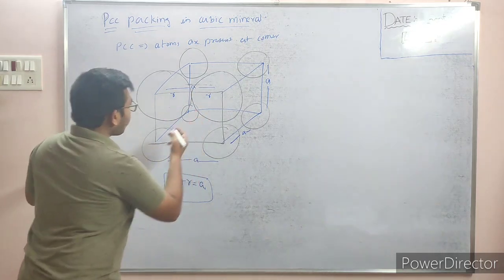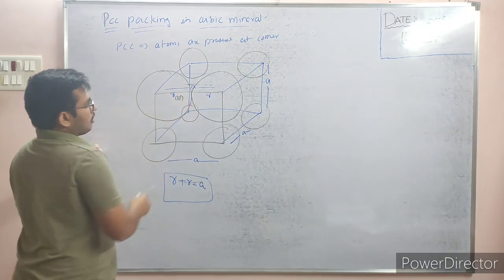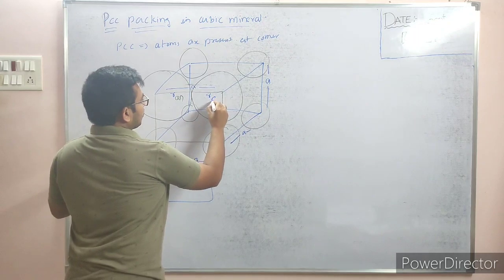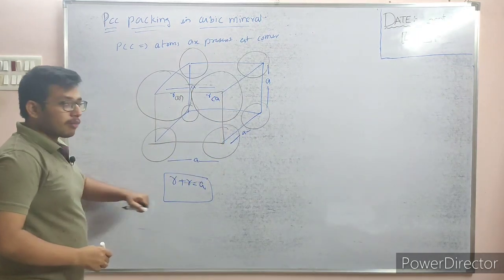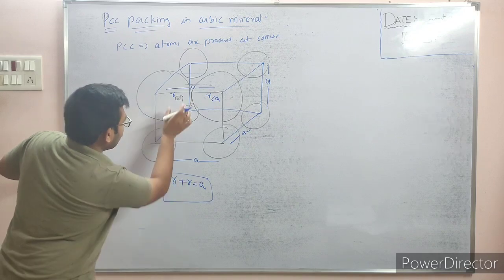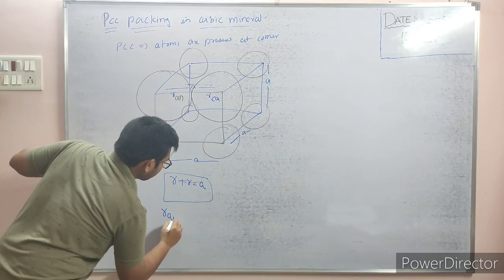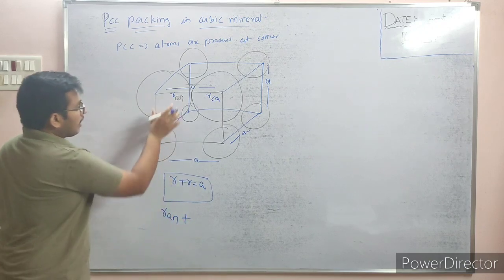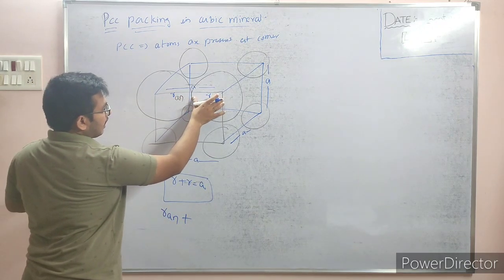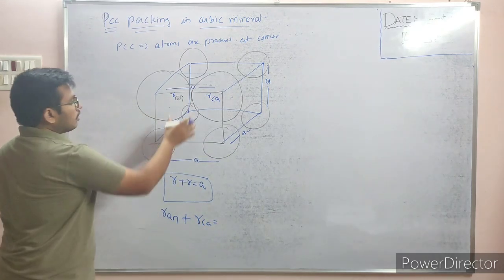Then what you have to write? Suppose this is the anion and this is the cation, then how this formula changes you should know. In this radius we will put the radius of anion, right? Radius of anion plus radius of anion plus radius of cation is equal to edge length.